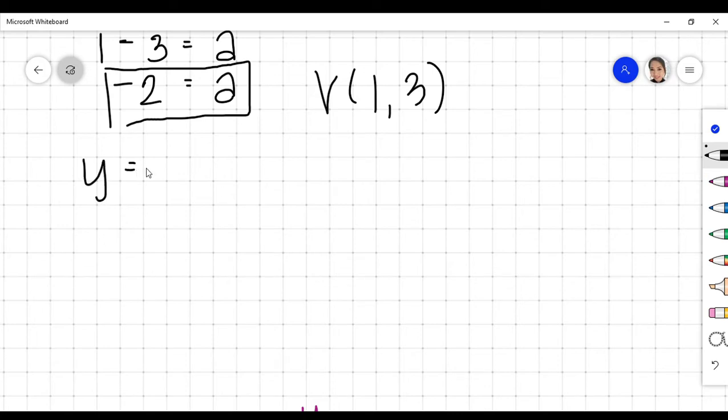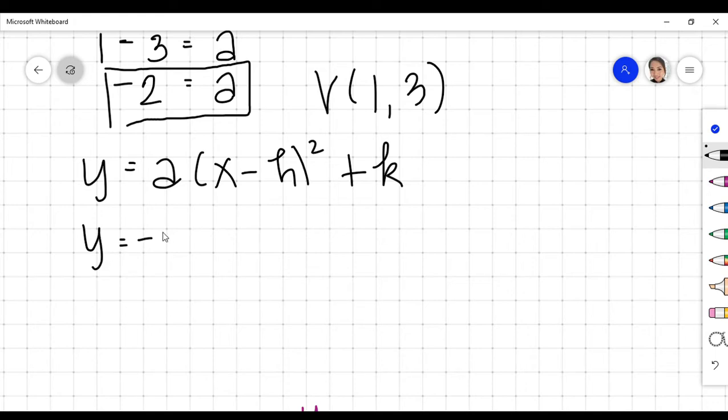Again, y equals a times x minus h squared plus k. So that is y equals negative 2 times x minus h, which is 1, squared plus k. Oh no, k is 3. Okay, plus k, which is 3.